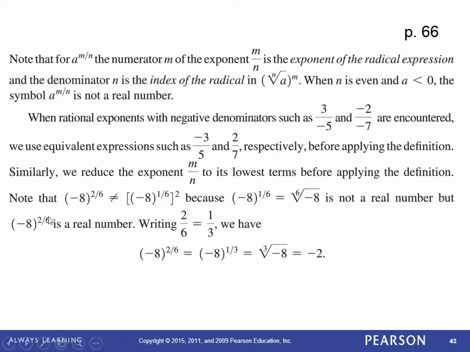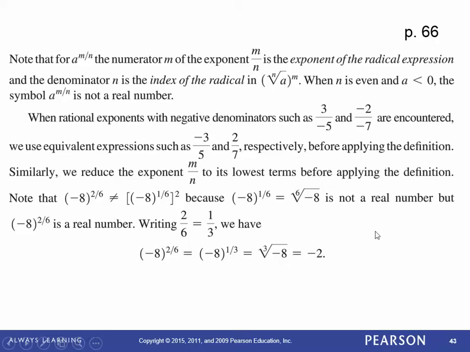The reason is because we have to reduce the fraction to its lowest terms prior to using that definition of the exponent. So negative 8 taken to the power of 2/6 technically is negative 8 to the 1/3, and then when you do that, you get the cube root of negative 8, which is negative 2. So this is the proper way to do it. So, dealing with negatives in the exponent and reducing the exponent prior to simplifying this.